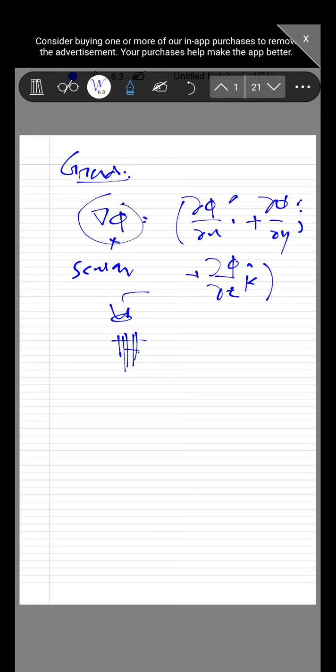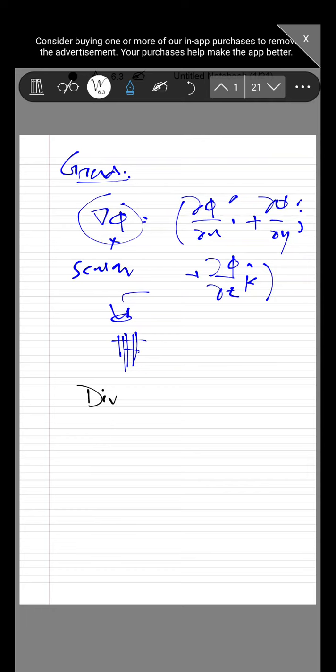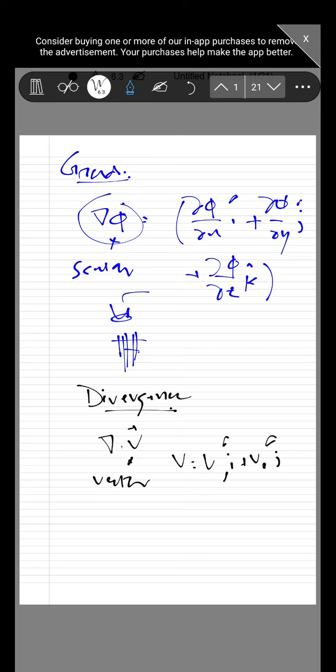And the next is divergence. Divergence is like a dot product. So del dot v, where v is a vector, expressed as v1 i plus v2 j plus v3 k.